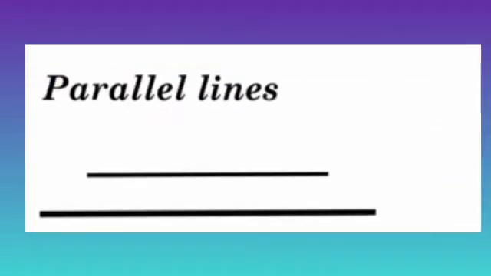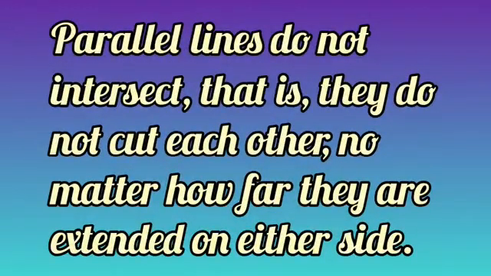The lines shown are not of equal length, yet they are parallel to each other. Now, what are parallel lines? Parallel lines do not intersect. That is, they do not cut each other, no matter how far they are extended on either side.